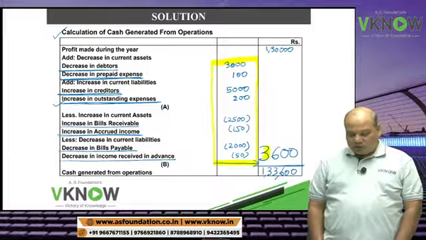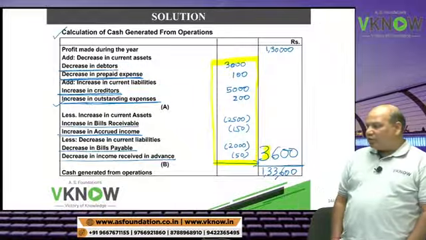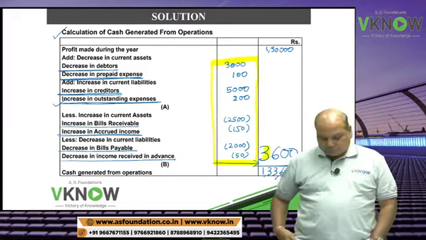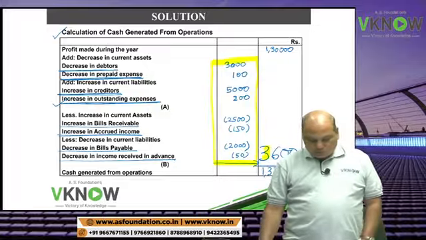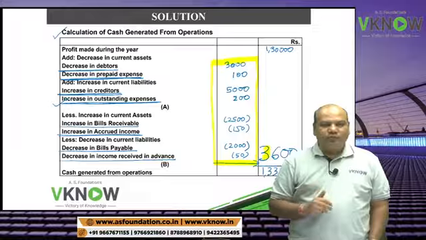Balakrishna is right. Any other answer? Total of the last column is 133,600. Chaurasia is right. So this answer is over.